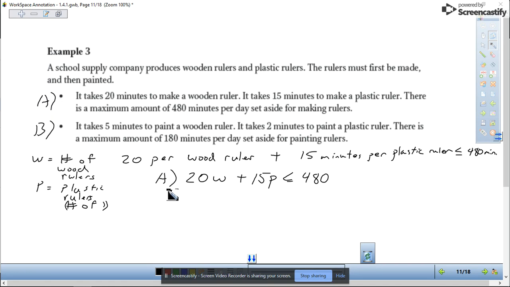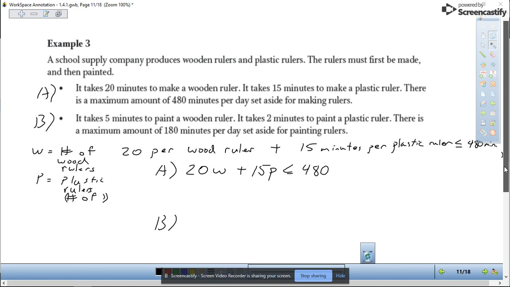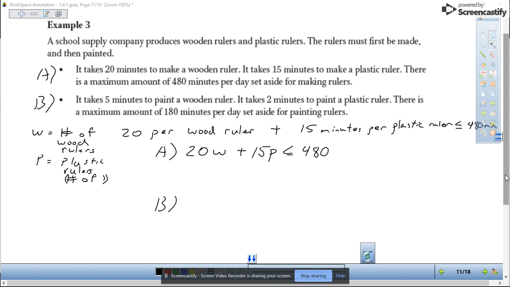All right, so now let's talk about B. Well, what do we know? For the painting part, when we start to paint these things, it takes 5 minutes per wooden ruler. So 5 minutes per wood ruler. I'm just going to use my variable W, plus 2 minutes per plastic ruler.